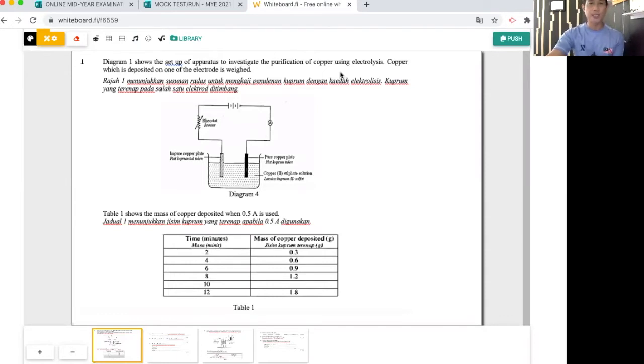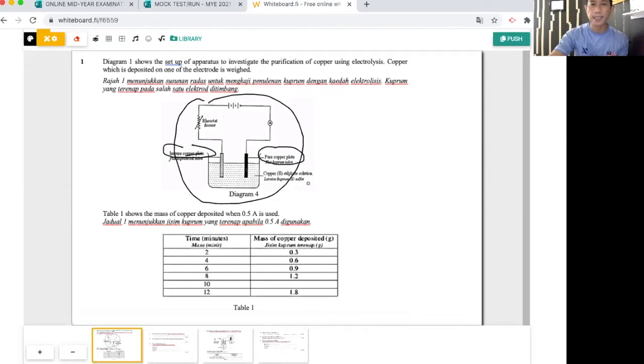Looking at the diagram, you can see a pure copper plate, an impure copper plate, and a solution here, which is a copper(II) sulfate solution. All this information is very important. Now let's look at the table here.